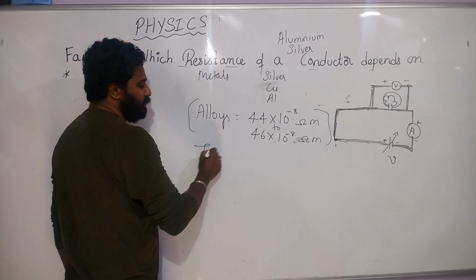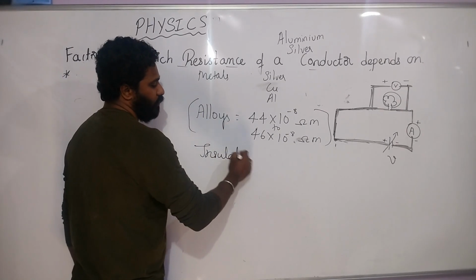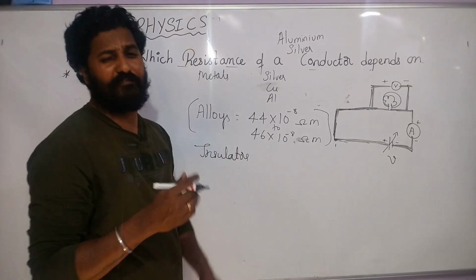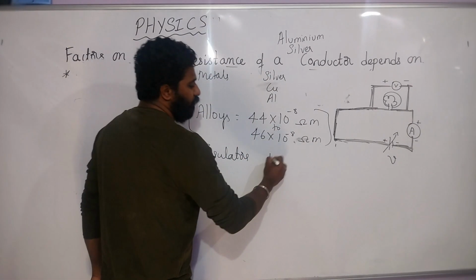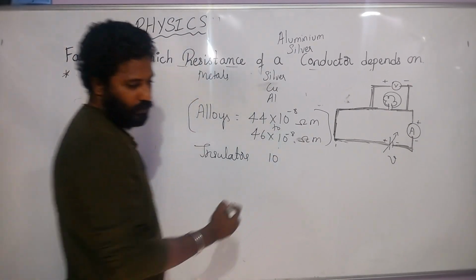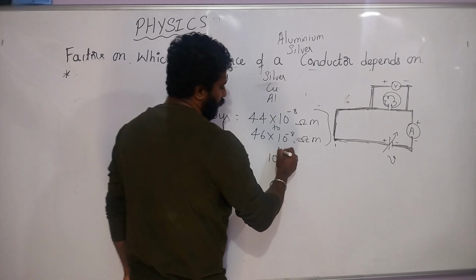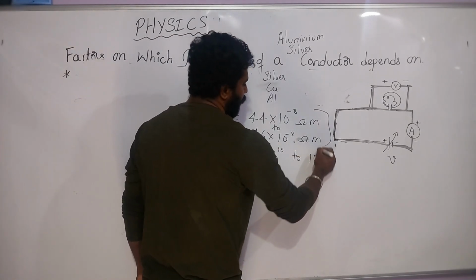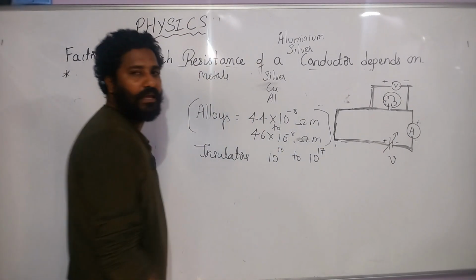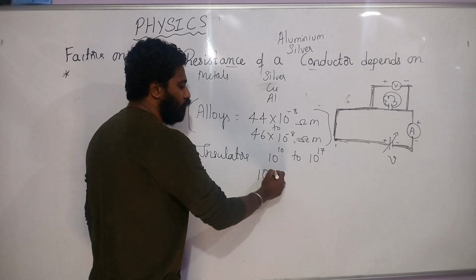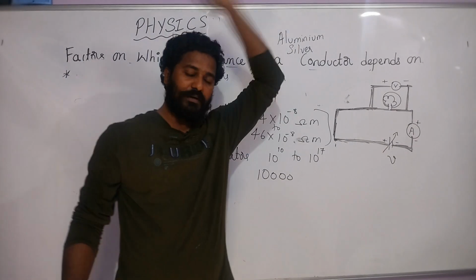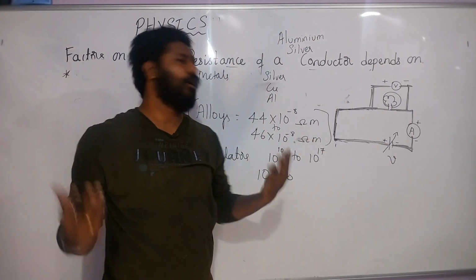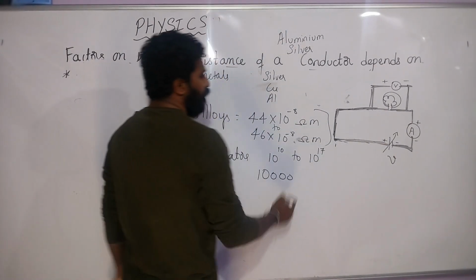And some insulators are very poor conductors of electricity; they do not conduct, and they have resistivity up to 10^17, which means 1 followed by 17 zeros. So resistivity is very high.